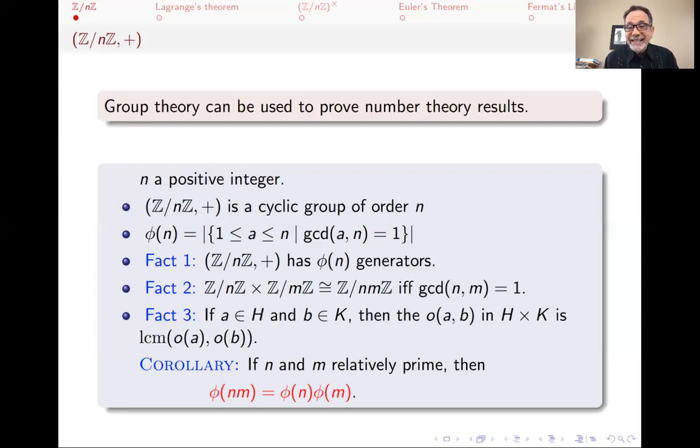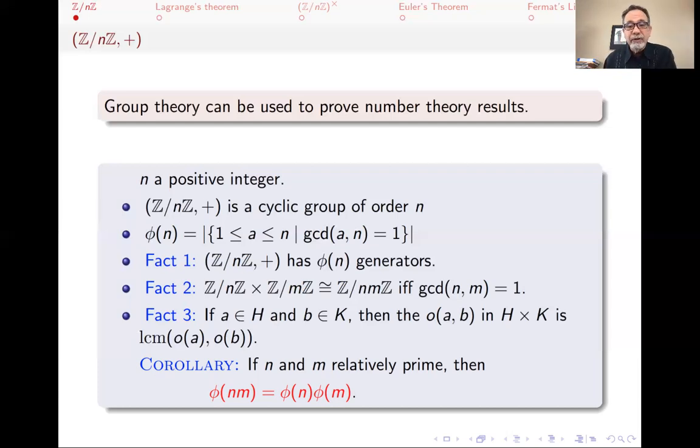That cyclic group is isomorphic to the cyclic group of order n cross the cyclic group of order m, and its generators are exactly, by fact 3, pairs of generators, one from Z mod nZ and one from Z mod mZ. The cyclic group of order n has phi of n generators. The cyclic group of order m has phi of m generators.